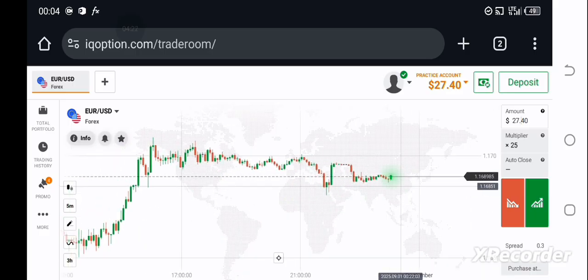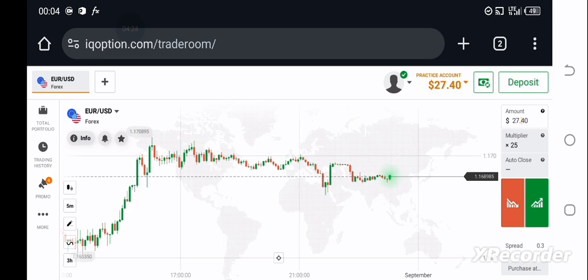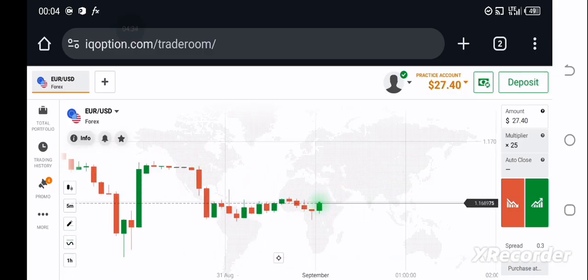But that doesn't mean that it is going to close after 5 minutes on the FX platform. On the option platform, the candle closes automatically after the timer finishes counting, at the time you selected. If you select 5 minutes, it is going to close after 5 minutes. If you select 1 hour, it's going to close after 1 hour.